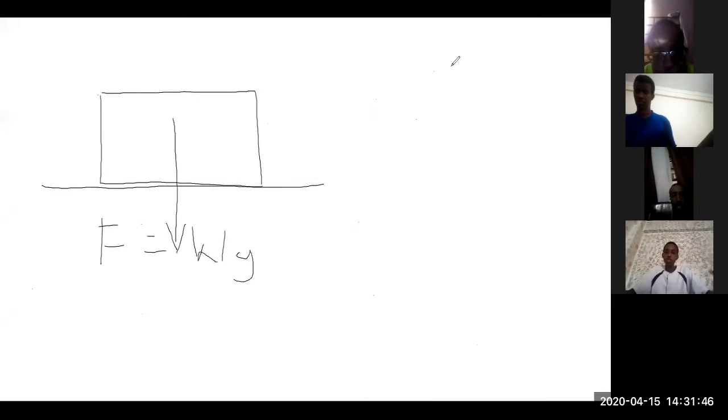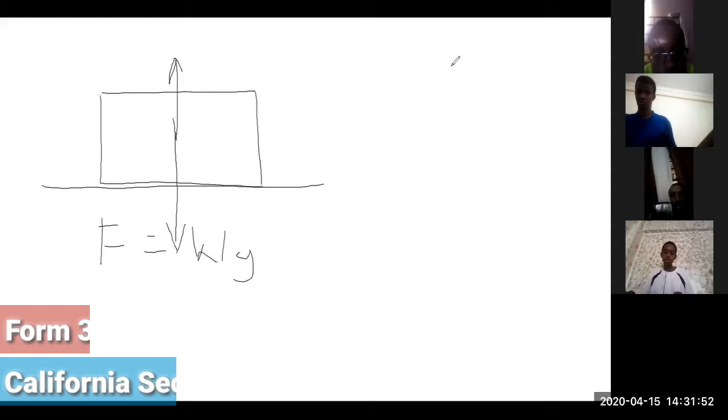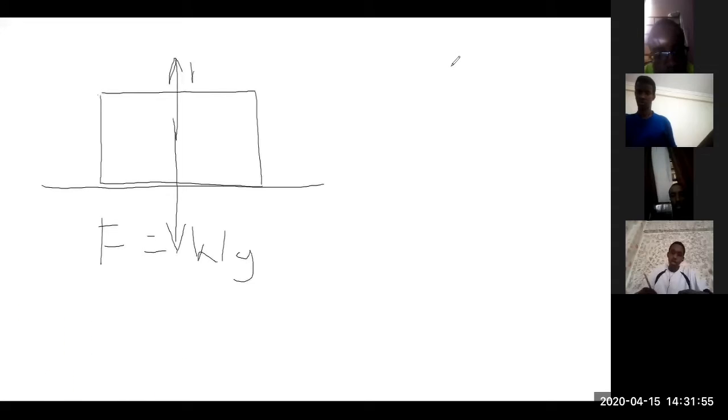Then wherever there is a force acting downward, or when the body is landing on an object, there is going to be a normal reaction, R, which is usually equal to mg.